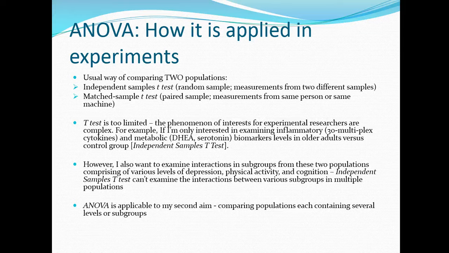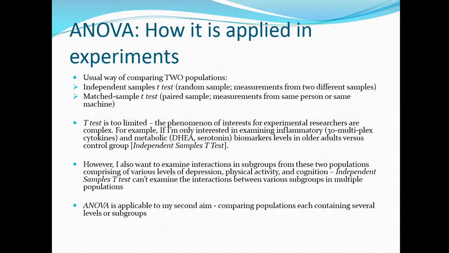You can think of one more of the metabolic biomarkers, perhaps. Of course, glucocorticosteroids are metabolic biomarkers in older adults versus control groups. So once you create groups of three and subgroups of three, t-test is gone because it has its own limitation.